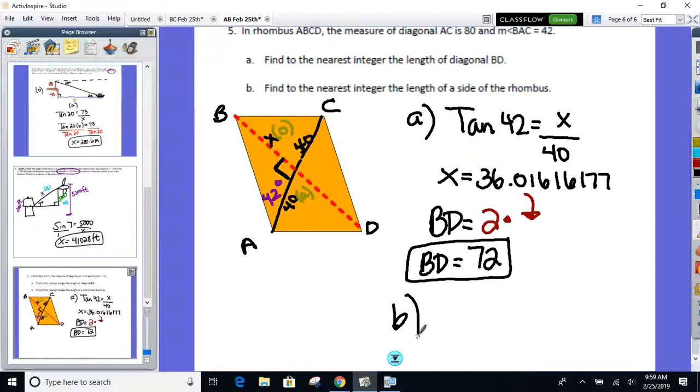If you do use sine, cosine, or tangent, and you're going to use part A's answer, make sure you use the one before you multiplied by 2. Don't use 72 in there. That's the whole diagonal.